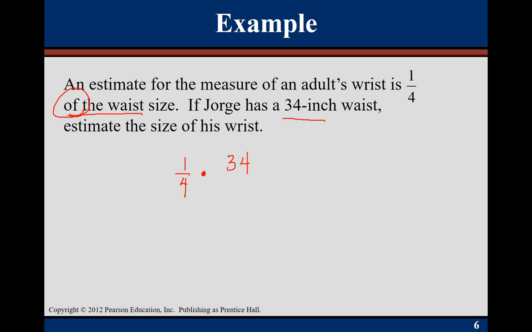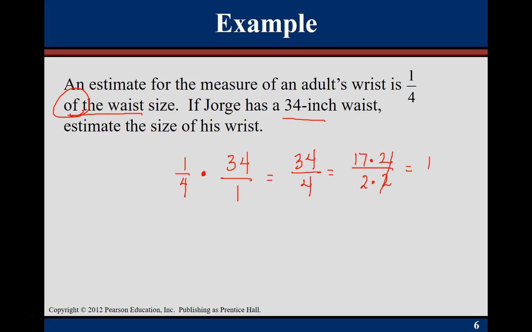34 is a whole number. All whole numbers have a 1 in its denominator. Now I can multiply straight across, and I get 34 over 4. I'm going to be able to go ahead and either simplify or do the division here. 34 is 17 times 2, and 4 is 2 times 2.